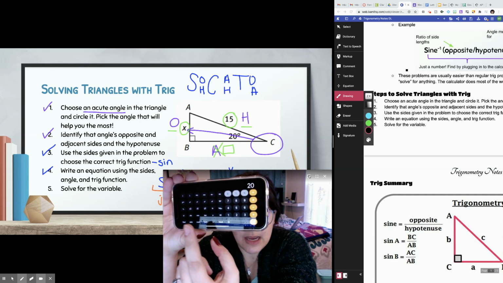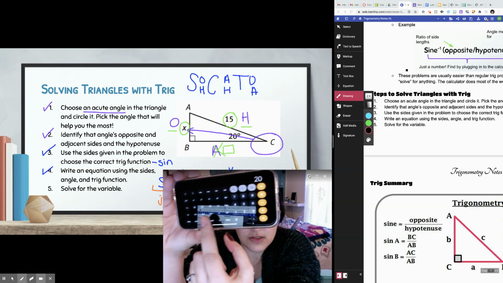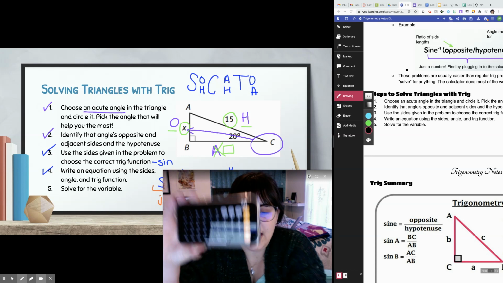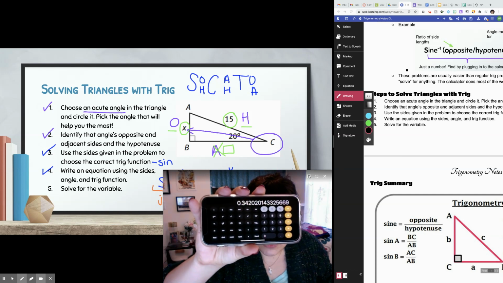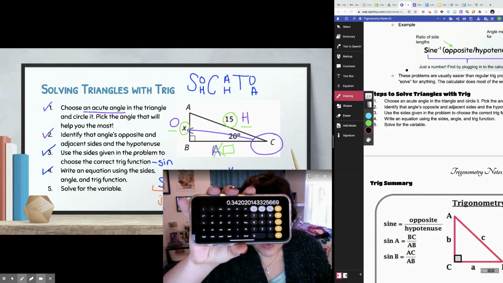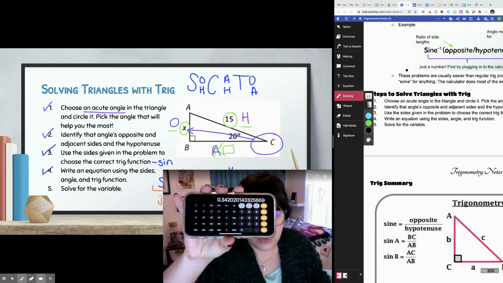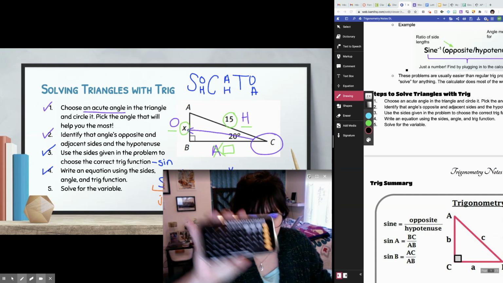So I have to pick the sine button, which is this one, almost impossible for you to see, but it's there, SIN. I'm going to click that button, and when I do, it gives me this crazy long decimal. That number, 0.342, will replace sine of 20 in my equation.